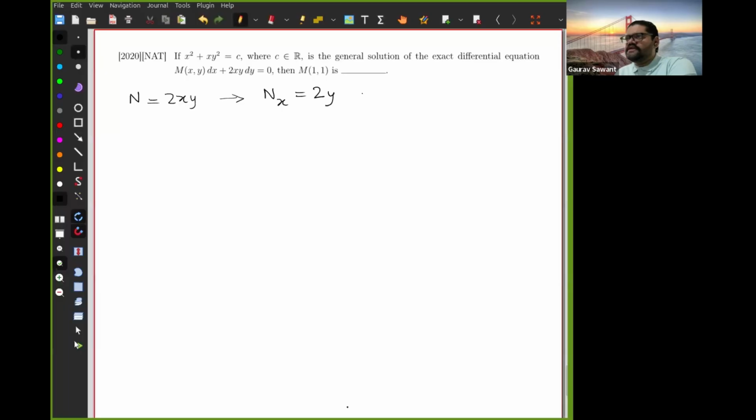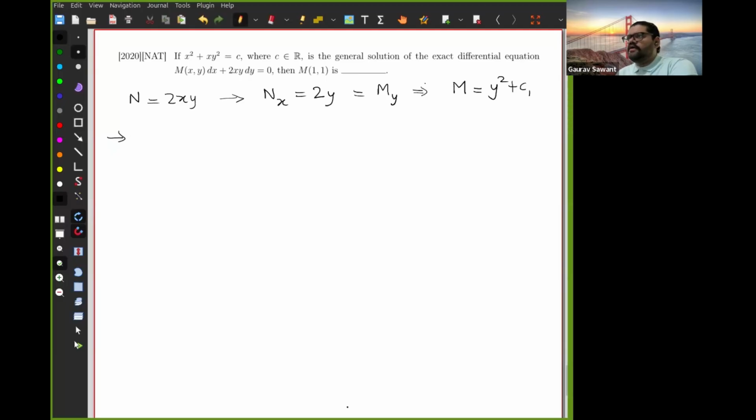But then this has to be equal to M sub y, right? Therefore, M sub y will have to be a function of the form y square plus c1. Then I have to integrate this with respect to x.